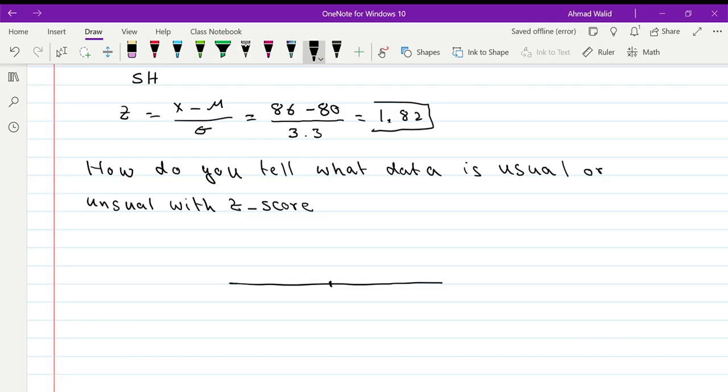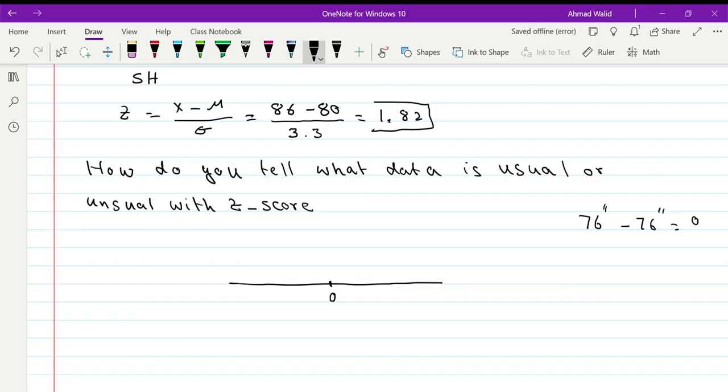Look, first, here is your mean. The standard deviation at the mean is always 0. Why? Look, the president was 76 inches, correct? If the mean is also 76 inches, 76 minus 76 gives you 0.